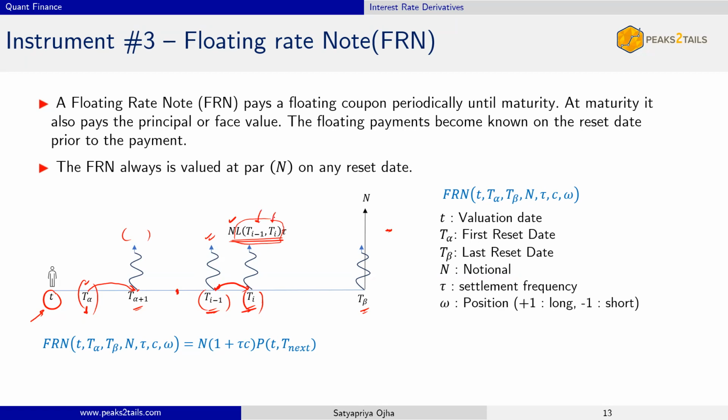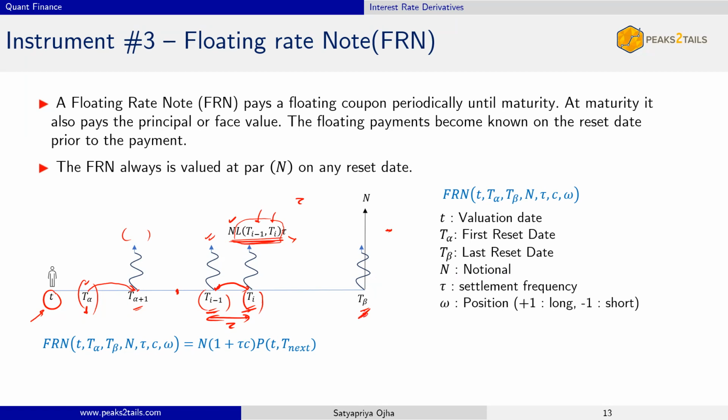This notation is self-explanatory: it is the rate applicable between Ti minus 1 and Ti, which becomes known when you arrive at Ti minus 1, a reset date, times the year fraction tau. Tau is the length of the period for which the coupon payment is made. So every time you get a coupon payment like this. It's floating, but becomes known when you reach the reset date prior to that date.